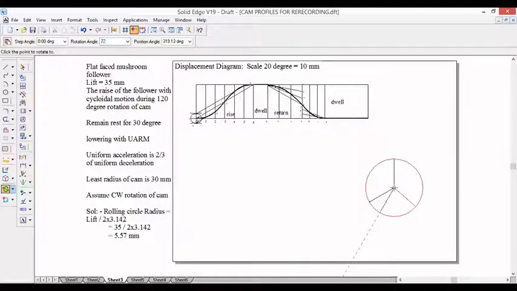The acceleration part we have is 72 degree. Then with respect to this line, we need to measure 48 degree, the deceleration angle. The remaining will be 90.